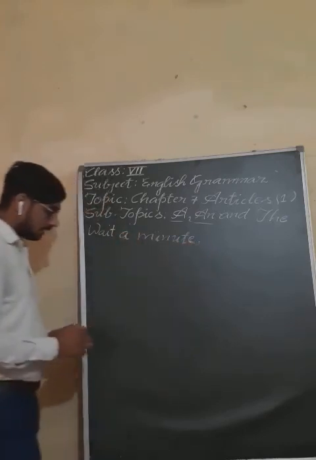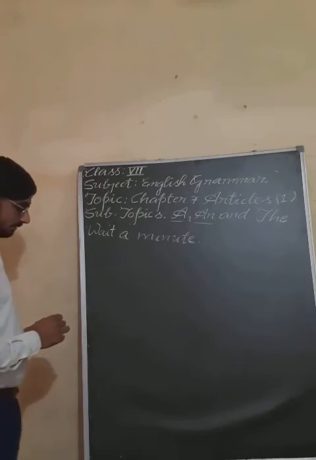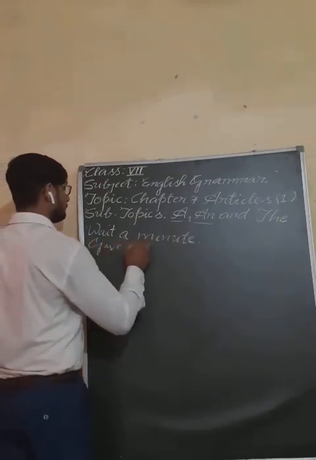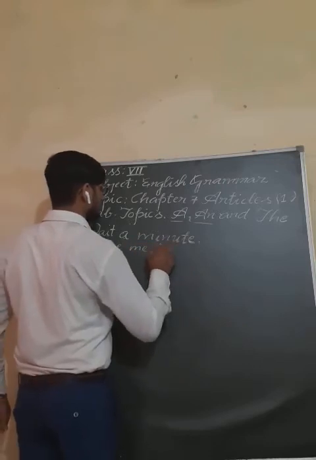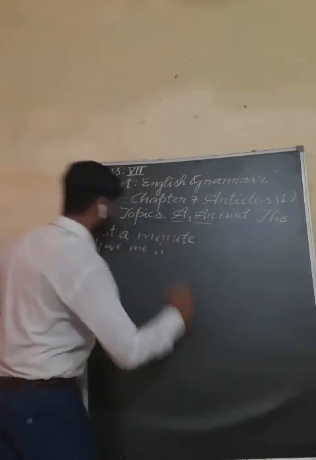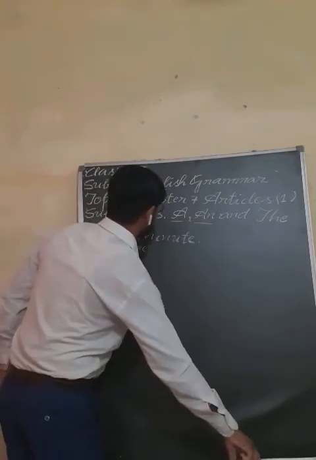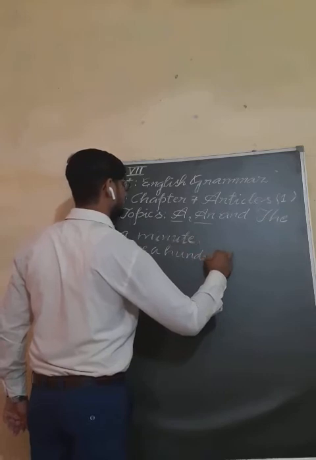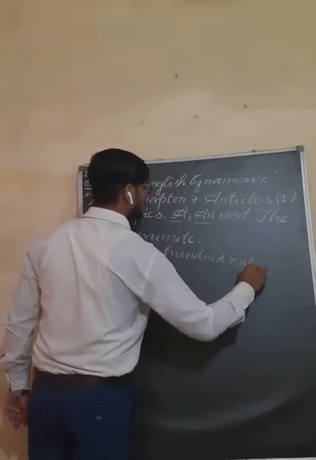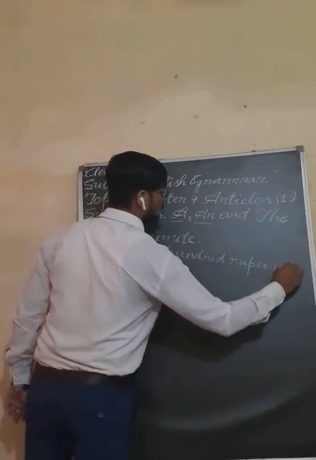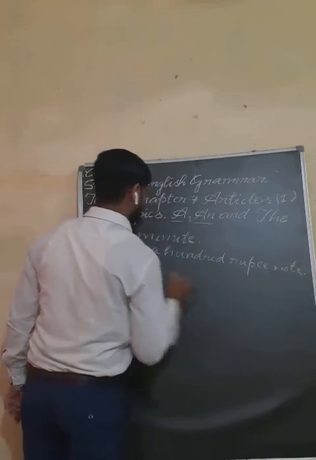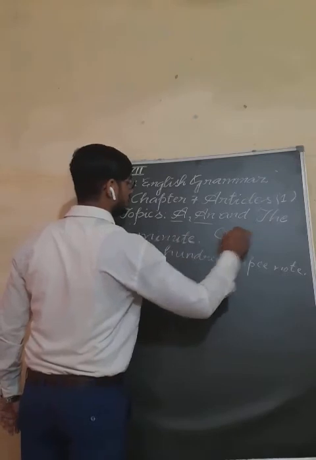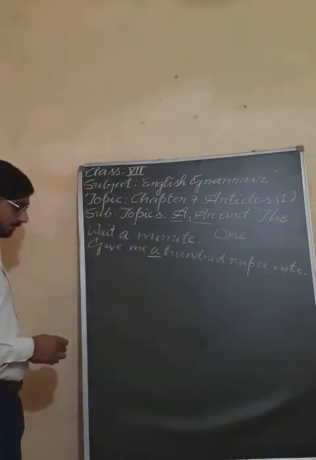Or similar. For a one, you can use a. Give me a 100 rupee note. Understand? So in a sense of one, you can use a and an.